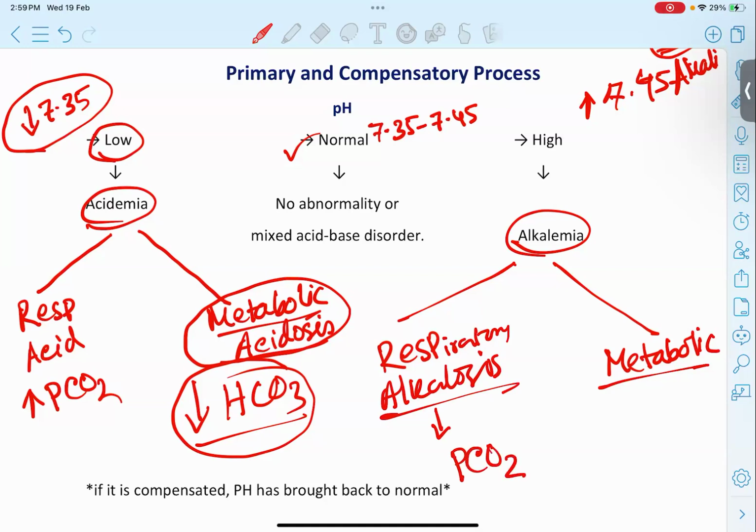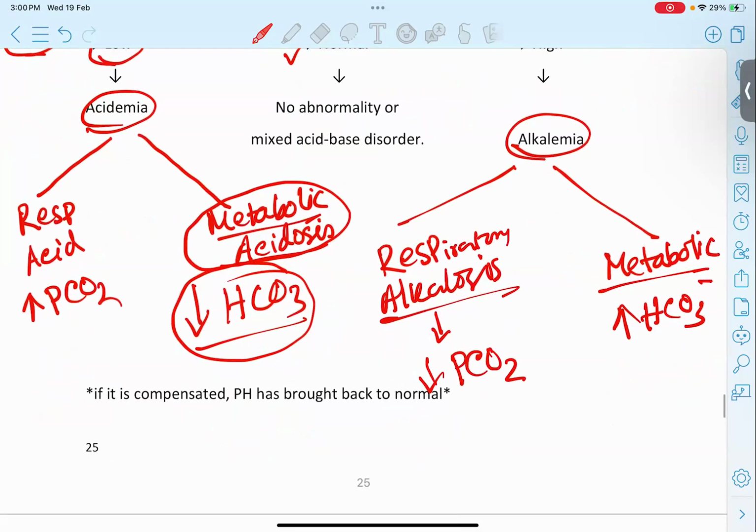If PCO2 is high, then it is respiratory acidosis. So in the respiratory alkalosis, PCO2 will be low. And in the metabolic alkalosis, bicarb will be high. So if you understand this, then everything will be very easy. Just this basic you need to know. And I think all of you already know this.